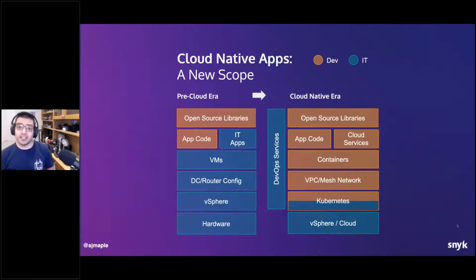A lot more of it is checked in as code, and as a result, a lot more of that needs to be maintained and secured by the developer. Now, with each of these areas, so cloud services, containers, mesh networks, Kubernetes config, IaC like Terraform scripts, all of this provides their own security risks.